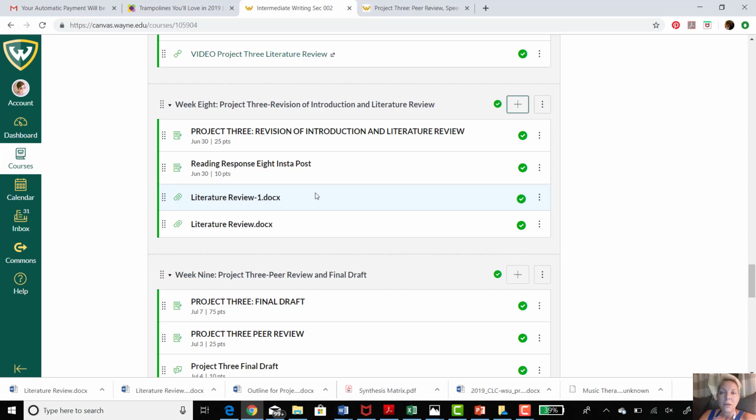Pretty close to having a very focused and clear research problem, and a very clear understanding of how the research that you've been finding integrates into your introduction and literature review, and how you use the sources within the introduction and literature review to establish a particular research question.